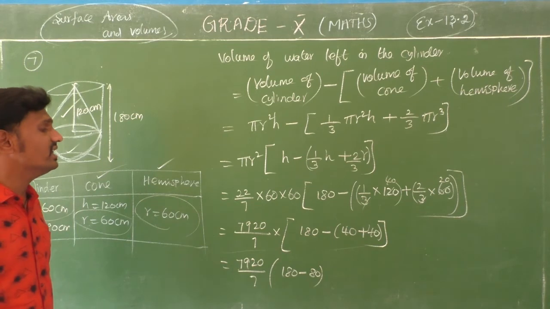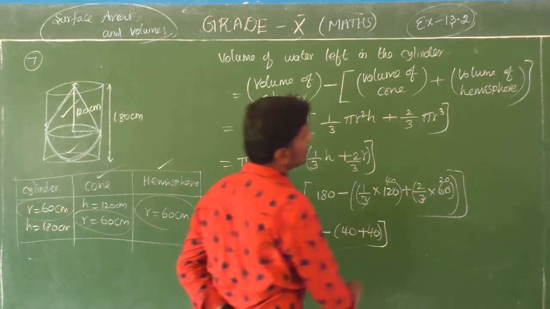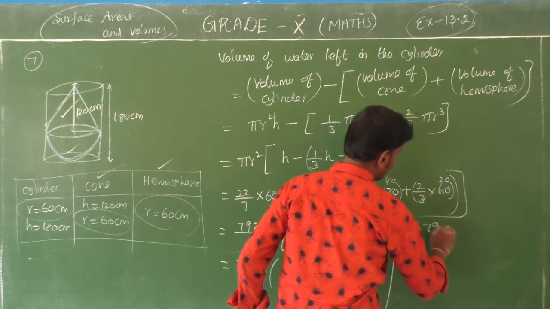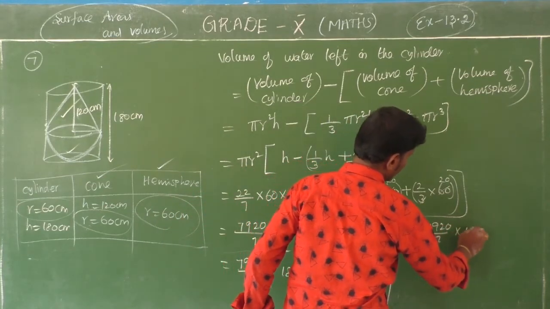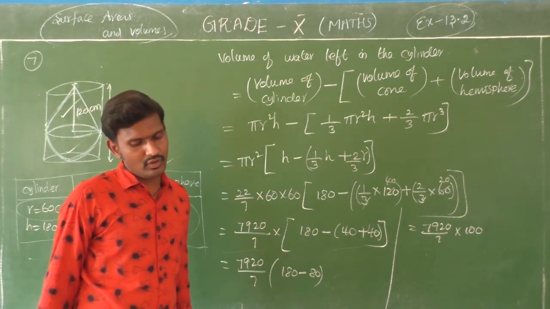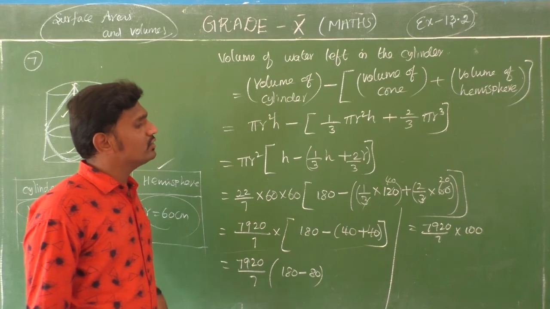So 40 plus 40 is 80. Then 180 minus 80, you are going to get the answer 100. So 7920 by 7 into 100.